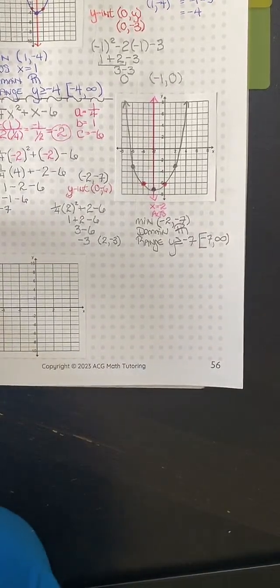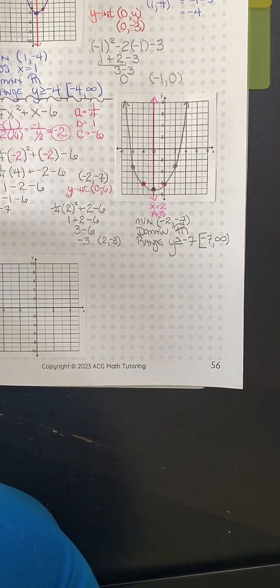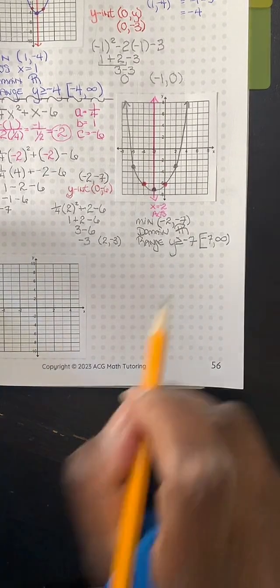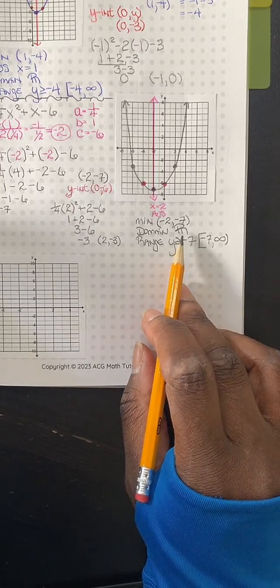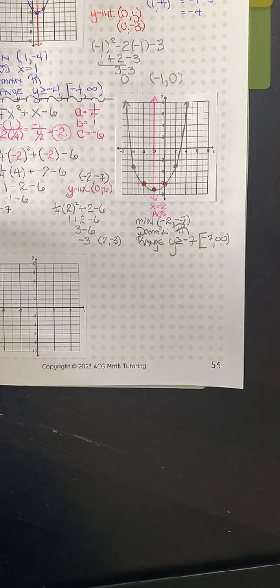Okay. All right, good. What's that symbol meaning by the word domain? This means all real numbers. Just chill, all real numbers.